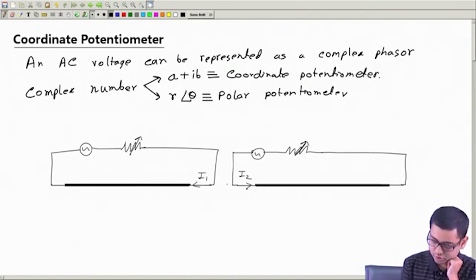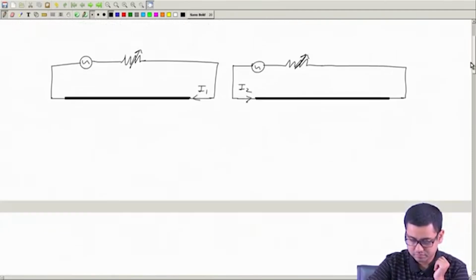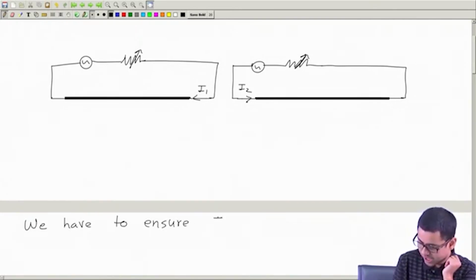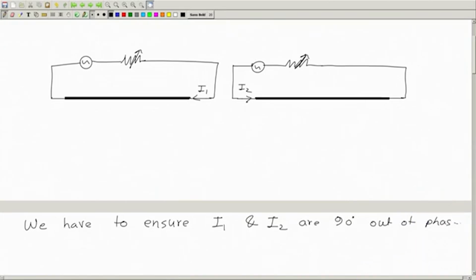Okay, so we have to ensure I1 and I2 are 90 degrees out of phase and of equal magnitude.